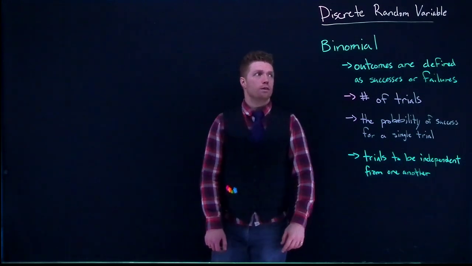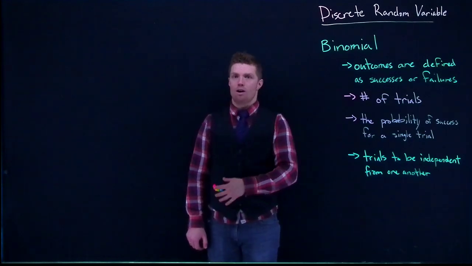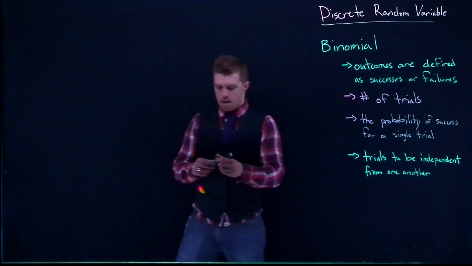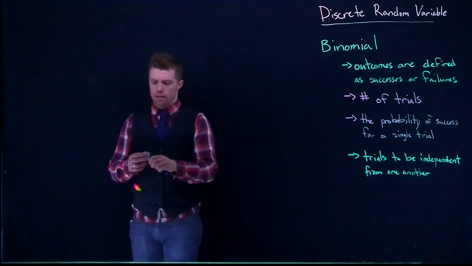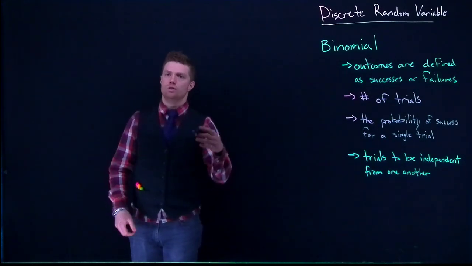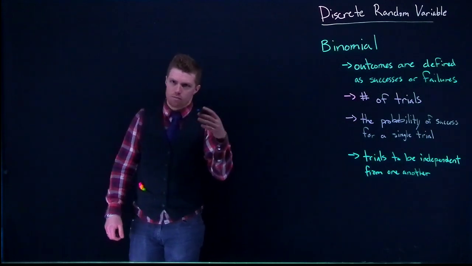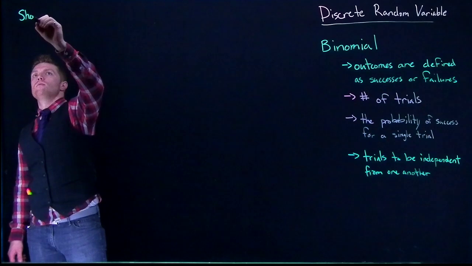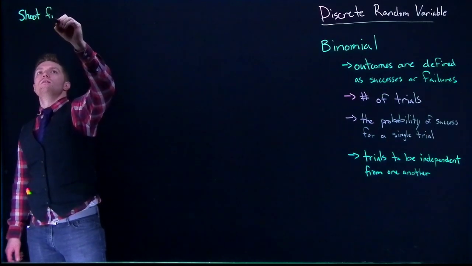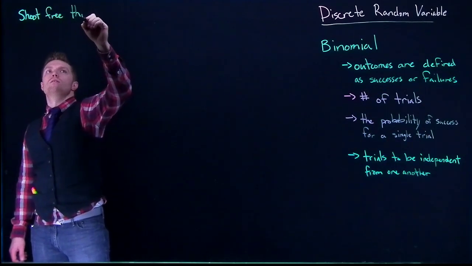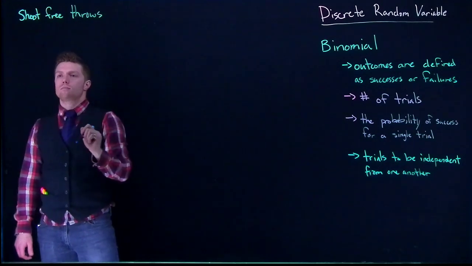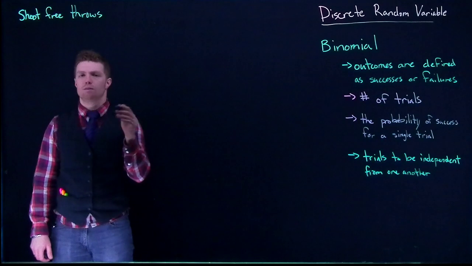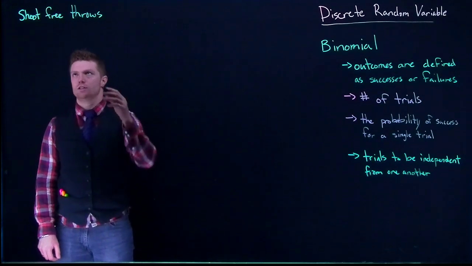Okay, so there is a way that we can calculate these probabilities of success. Let's just talk about shooting free throws. It's a good example. So let's say we're shooting free throws, and I know that when I step to the free throw line, maybe I'm something like a 60% shooter.